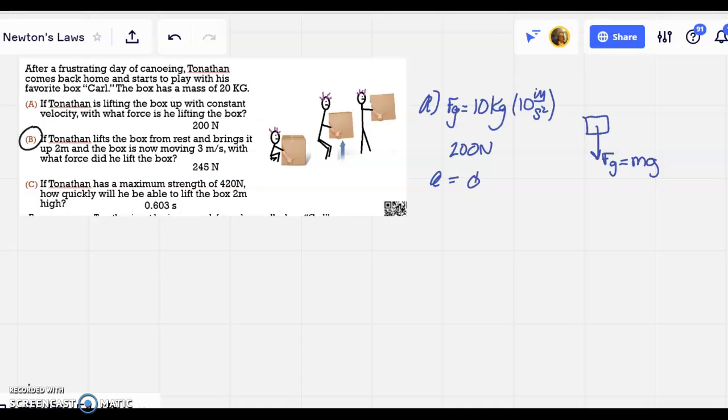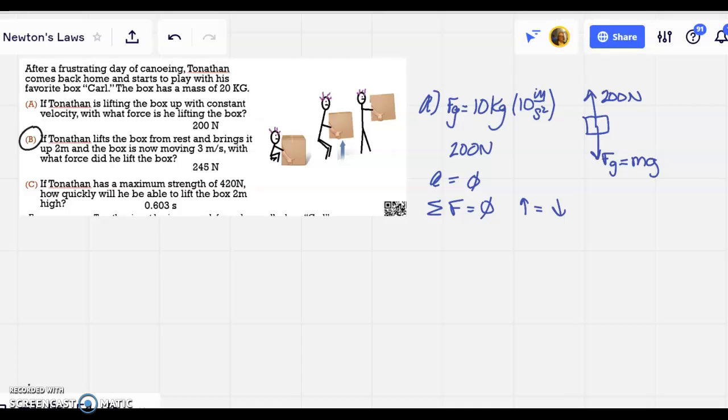Acceleration is equal to 0, and so that means there's no net force. So if there's no net force, that means that everything has to be equal. So that means that our upward forces have to equal our downward forces. And so you have to overcome the force of gravity and no more than that. So that means that he has to lift the box with a force equal to that of gravity. So the answer would be 200 newtons.